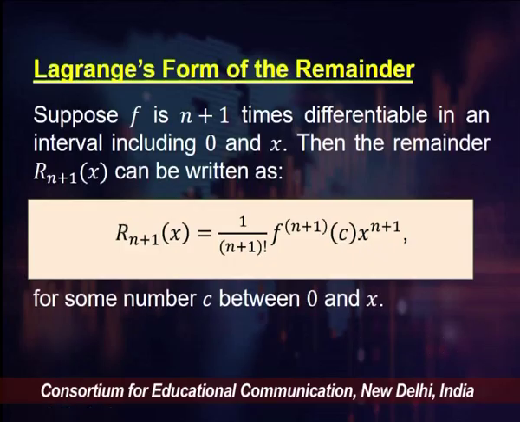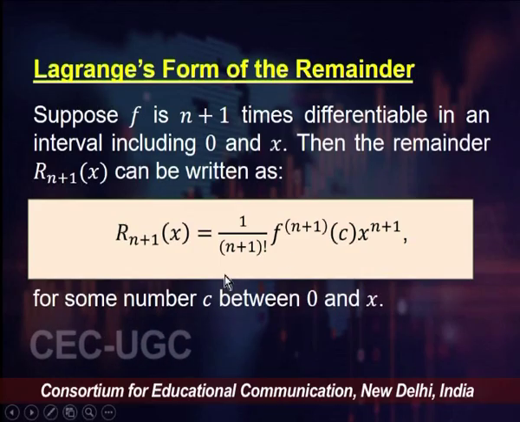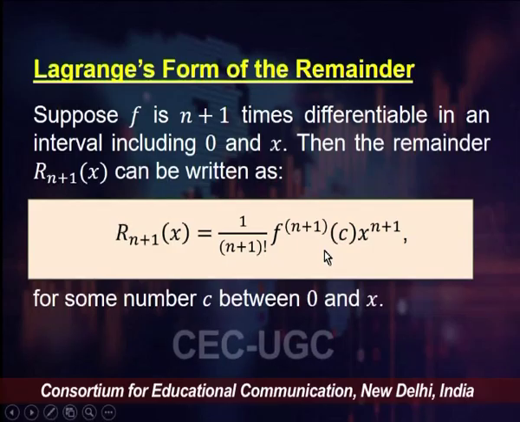Here also there is a pattern, because if you remember, when we were taking the nth order polynomial approximation, the last term was 1 by n factorial times the nth derivative of the function at 0 times x to the power n. So, this term follows naturally from that last term, because you are just taking the next term, except that the (n+1)th derivative is evaluated at c.